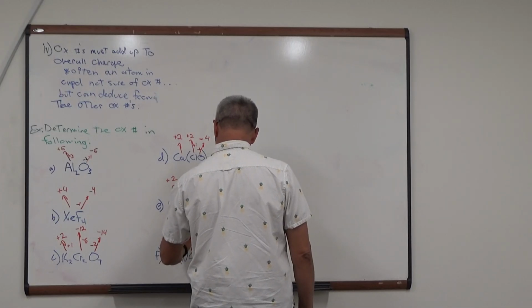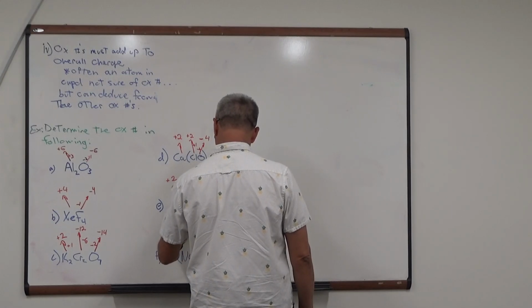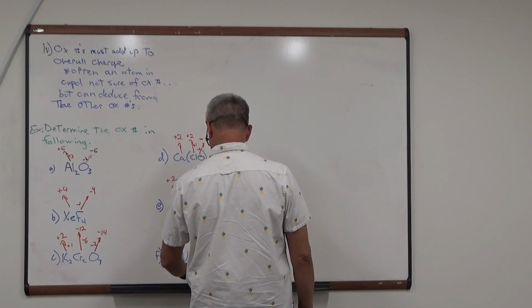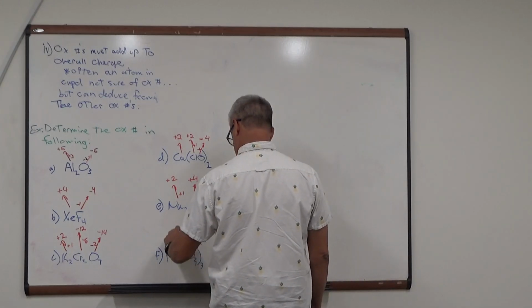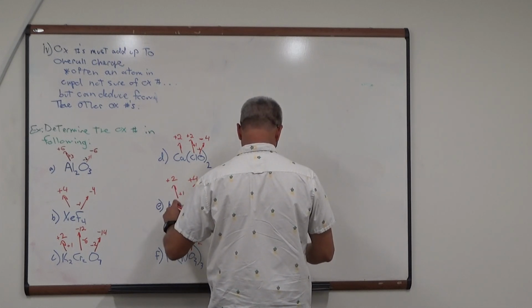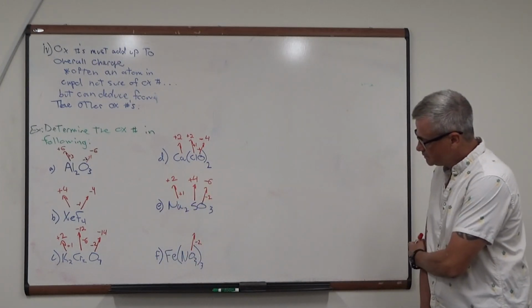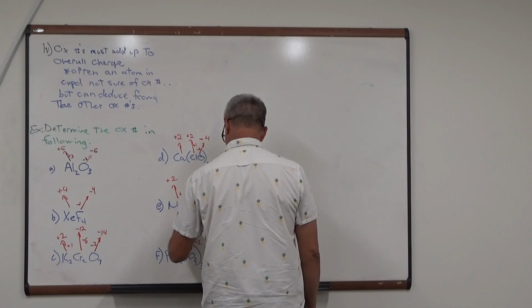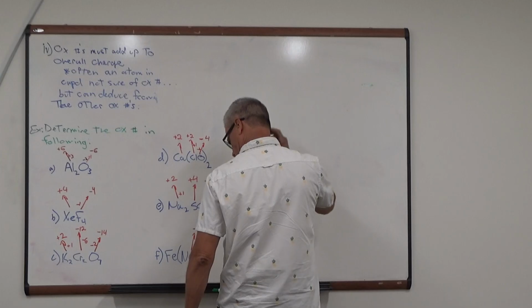Each one of these oxygens, and there's 3 of them, is going to be -2. That's -6 for that group.